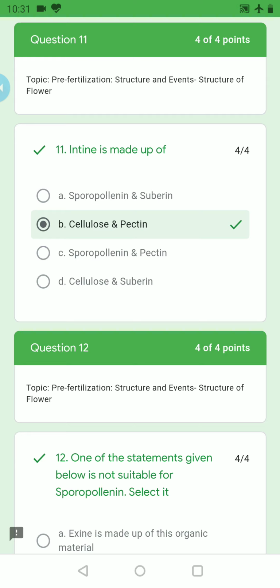What about the intine? The intine is a thin and continuous layer made up of cellulose and pectin. That is the composition of the intine. Got it? This question is related to the composition of a layer of the pollen grain wall.